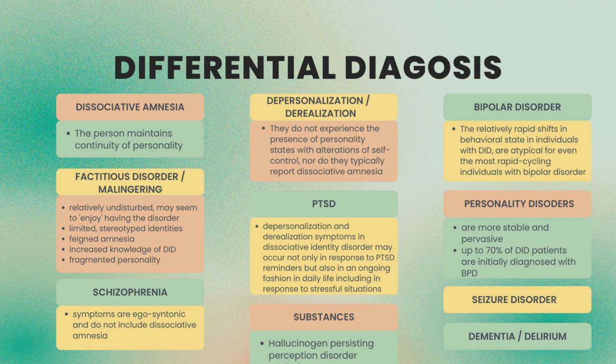Now, I added hallucinogen persisting perception disorder, where people who've taken hallucinogens, particularly LSD, may have sporadic hallucinations years after the substance dose. However, there's no splitting of personality, there's no amnesia. So you would differentiate hallucinogen persisting perception disorder from depersonalization disorder or dissociative amnesia, but more the depersonalization and derealization disorder.